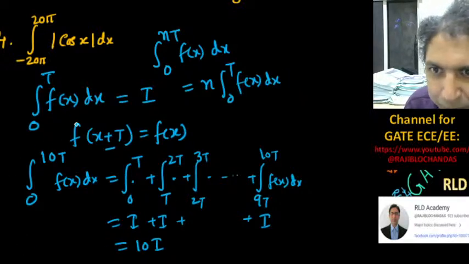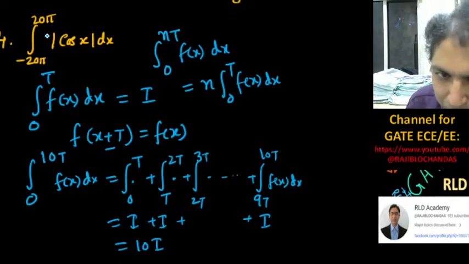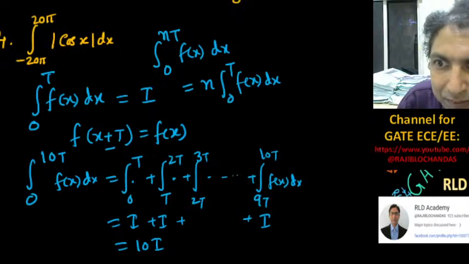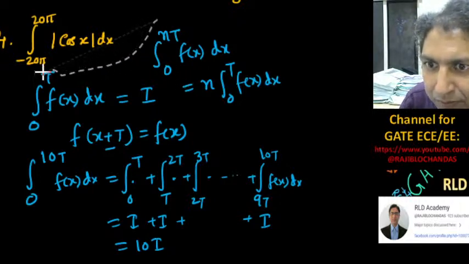For this one, I need to find this function from minus 20 pi to plus 20 pi. So for this one, I will remove these things.